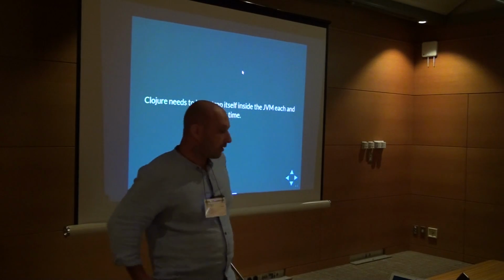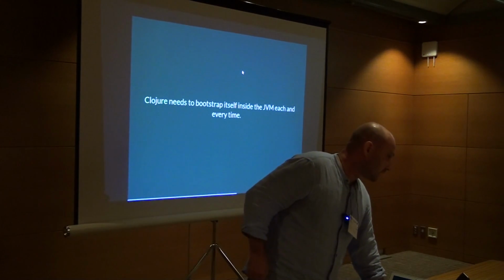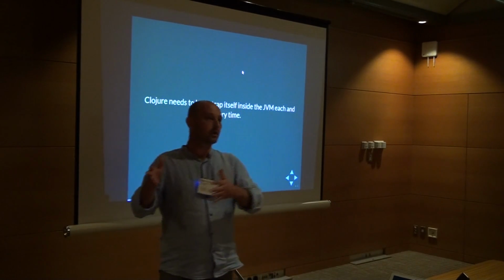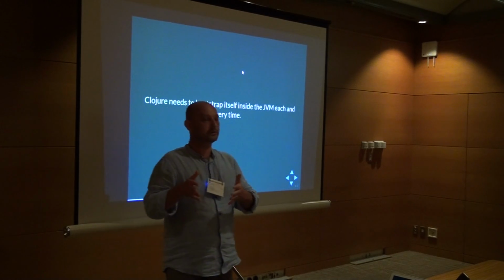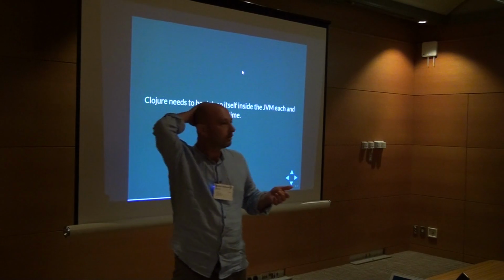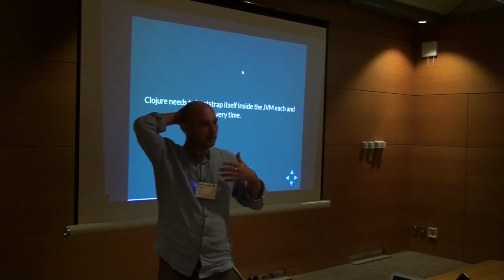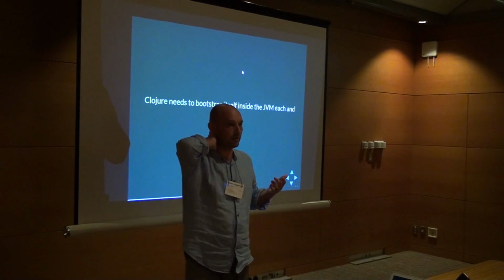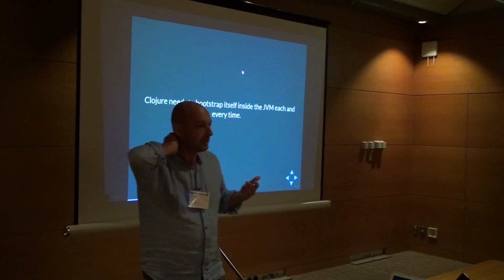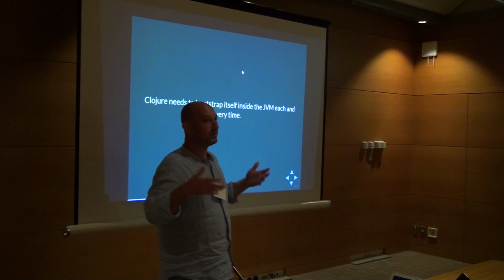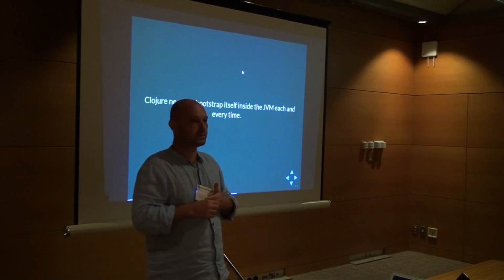But then we have a problem because many times we get into corners when we are in the REPL. Suddenly we have inconsistent state. We have resources that are locked. So you need a discipline. We need to find a solution to this problem. And in Clojure, little by little, the community has come up with solutions.